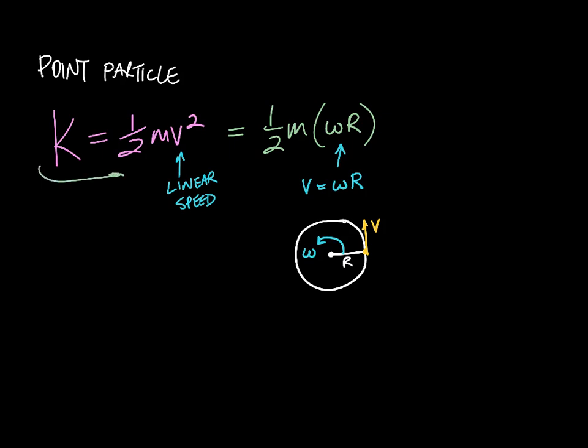This is translational kinetic energy because it's dealing with an object moving as a point along a straight line. That's what V represents.